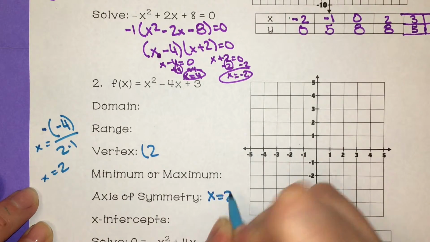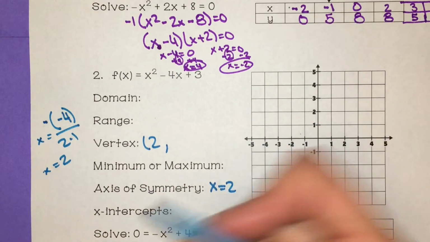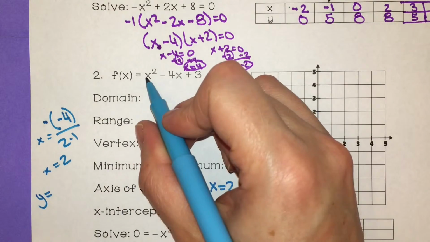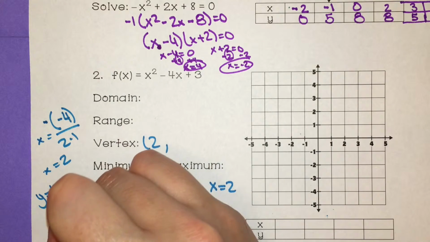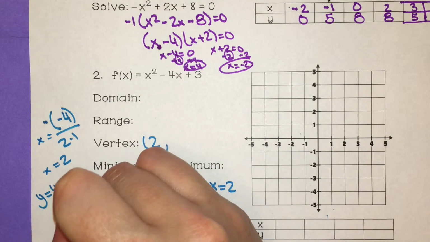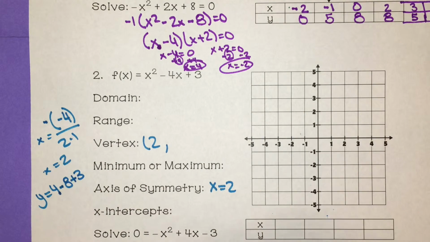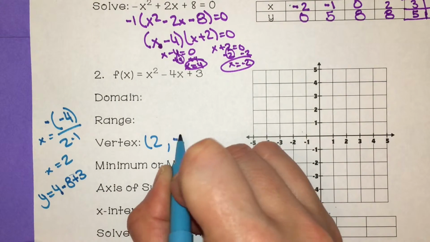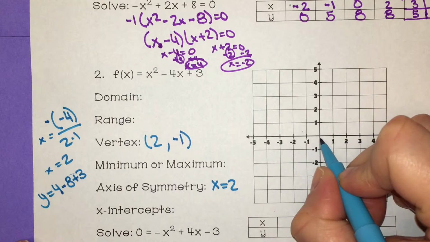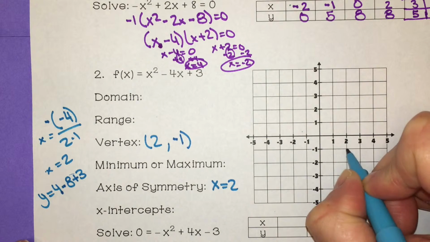Axis of symmetry is x equals 2. Plug in 2 for x. We have y equals 2 squared is 4, minus 4 times 2 is 8, plus 3. So we're given this, it equals -1. So x is 2, y is -1.